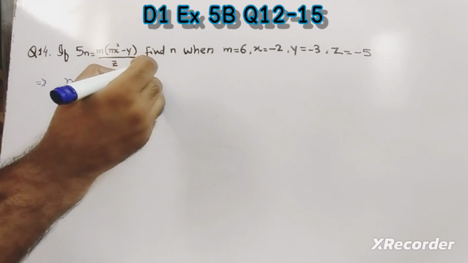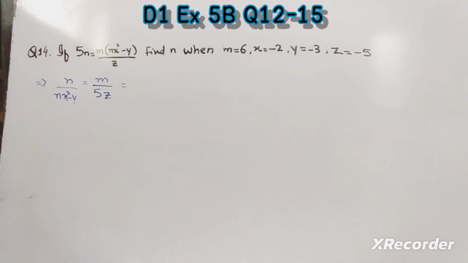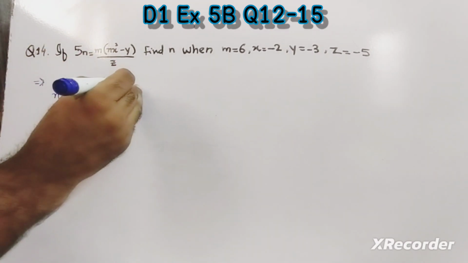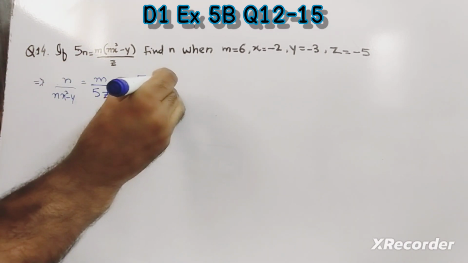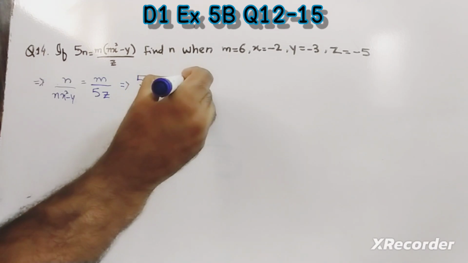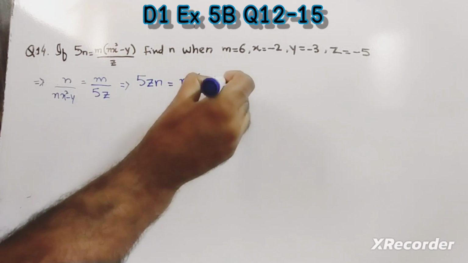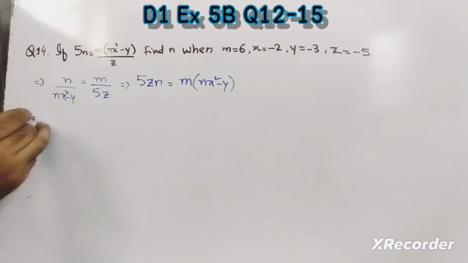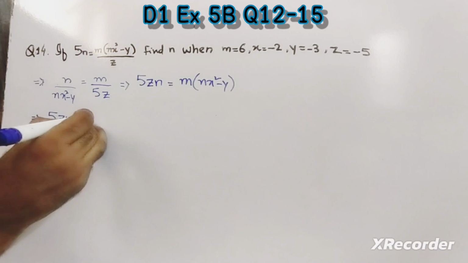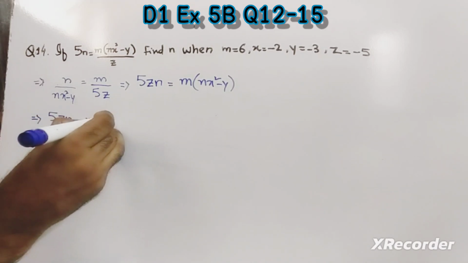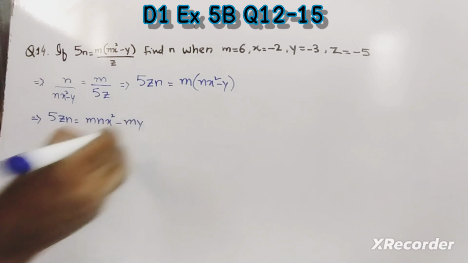Now by cross multiplying we get 5z n is equal to m bracket n x square minus y, 5zn is equal to m n x square minus m y.